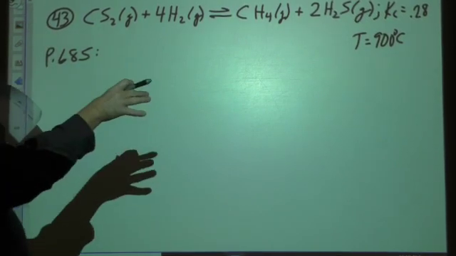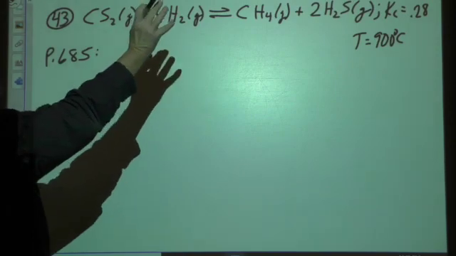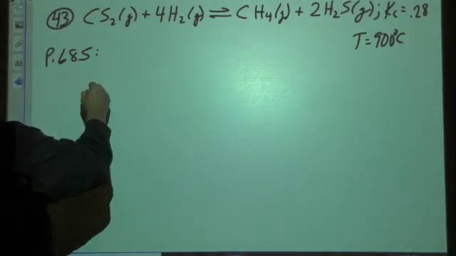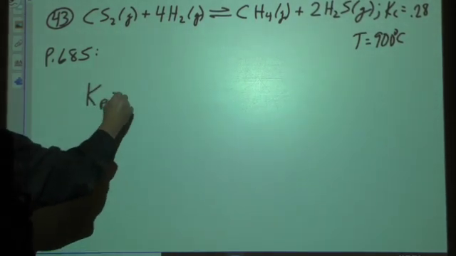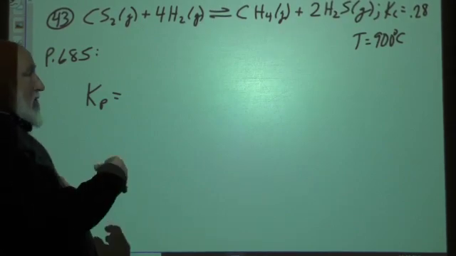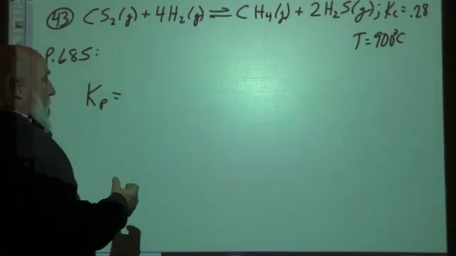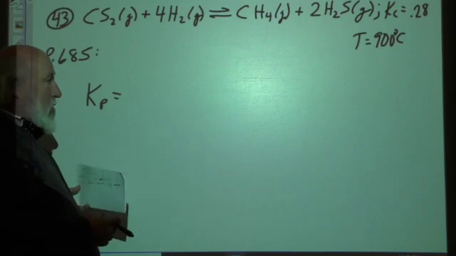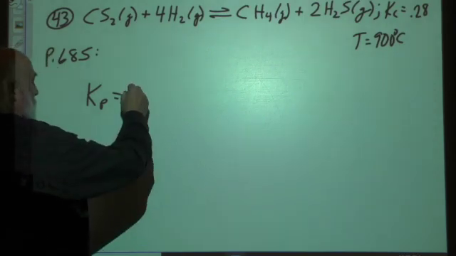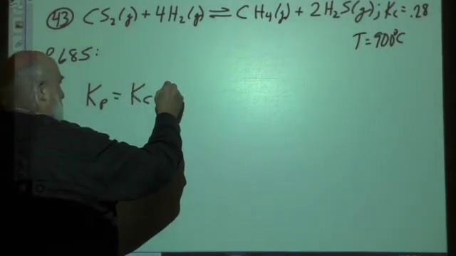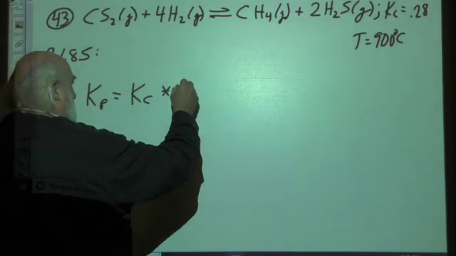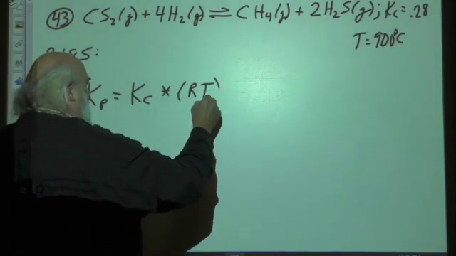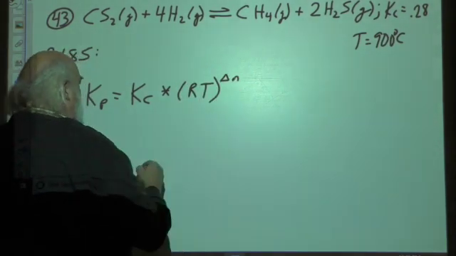We're given this equation, given the Kc value and the temperature in Celsius, and they ask us to find Kp. But we don't need to set up the Kp or Kc expression at all. We just know that the formula is Kc times RT to the delta N power.